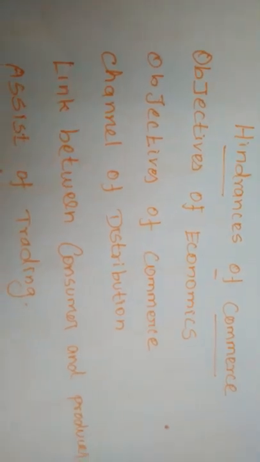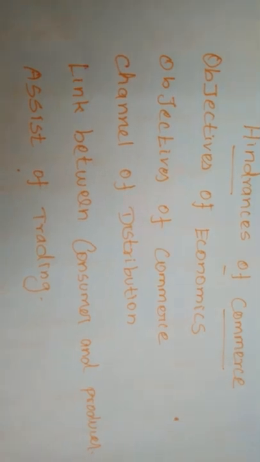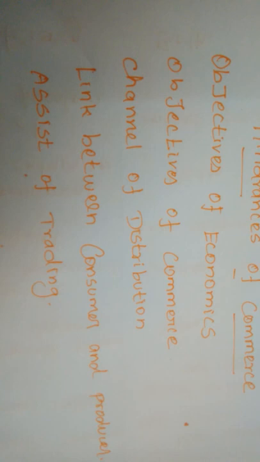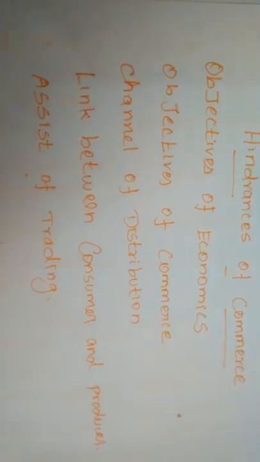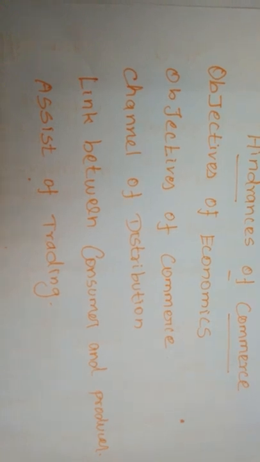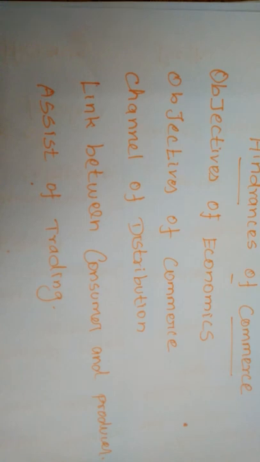We have also studied some of the constraints of this barter system. What are they? The lack of coincidence of wants. Next, the non-existence of a common measure of value. There is no money, so the barter system will not improve.